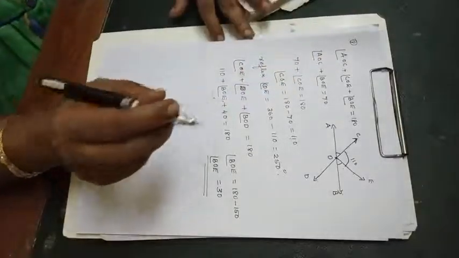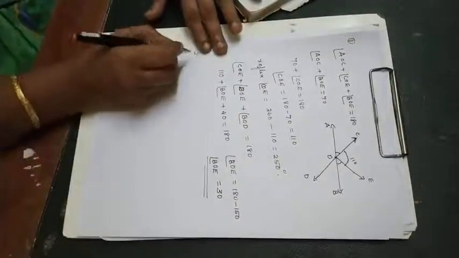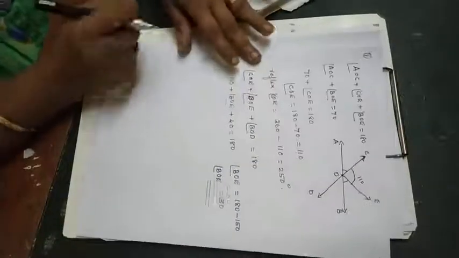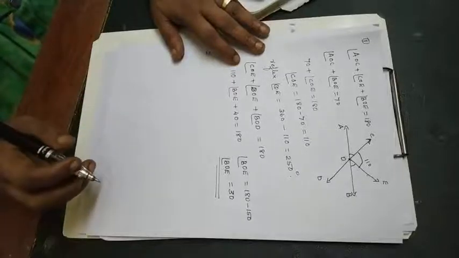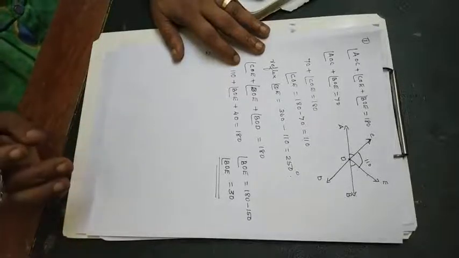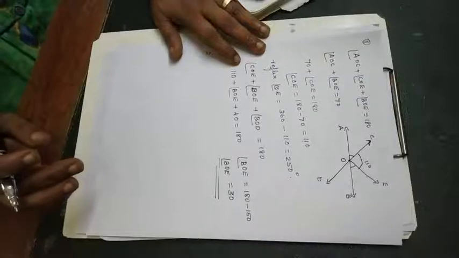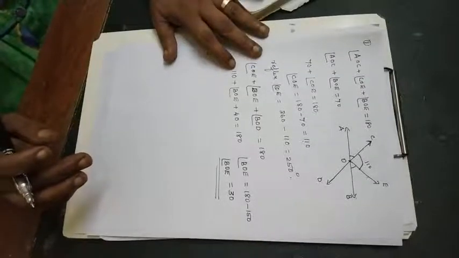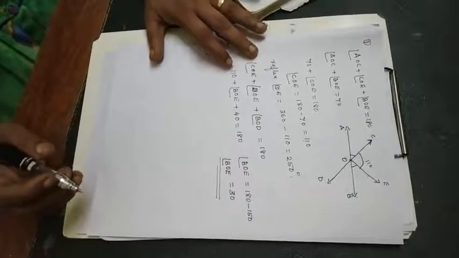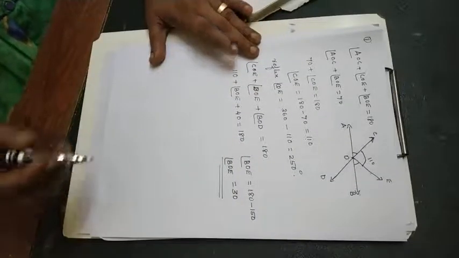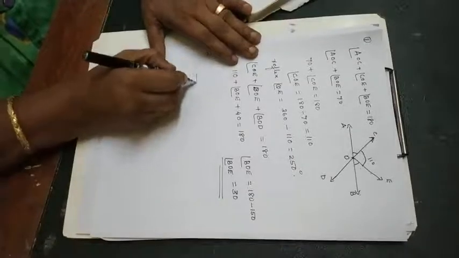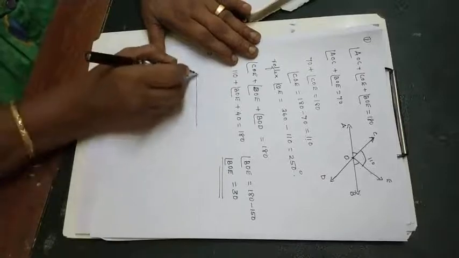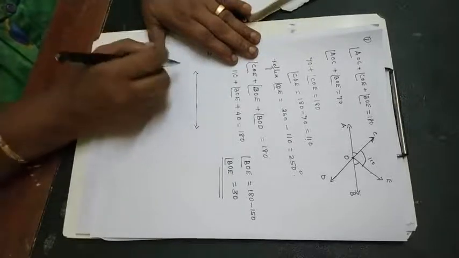Now second one, in figure 6.14, the lines XY and MN intersect at O. If POY is equal to 90, a is to b is equal to 3 is to 2, you are asked to find out c. Now look at here. First one, XY is a line.